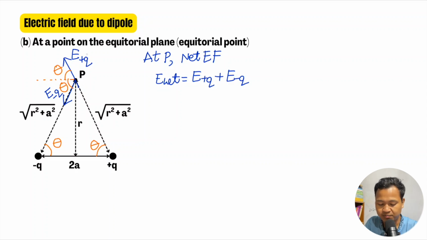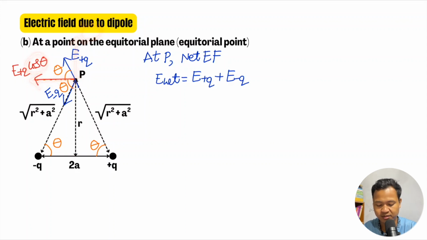Then the component of E due to plus Q along this axis is E plus Q cos theta. If you look at this, it is neither along x nor y, so I can split this into two components, one cos theta and the other sin theta.